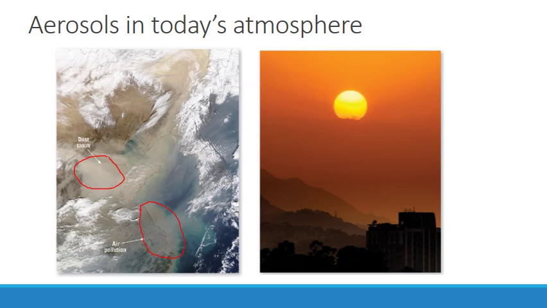We can see on the surface, when we have a day with very high aerosol content, we'll see the atmosphere looking like the picture on the right. Dust in the air causes sunsets to be spectacularly colorful.